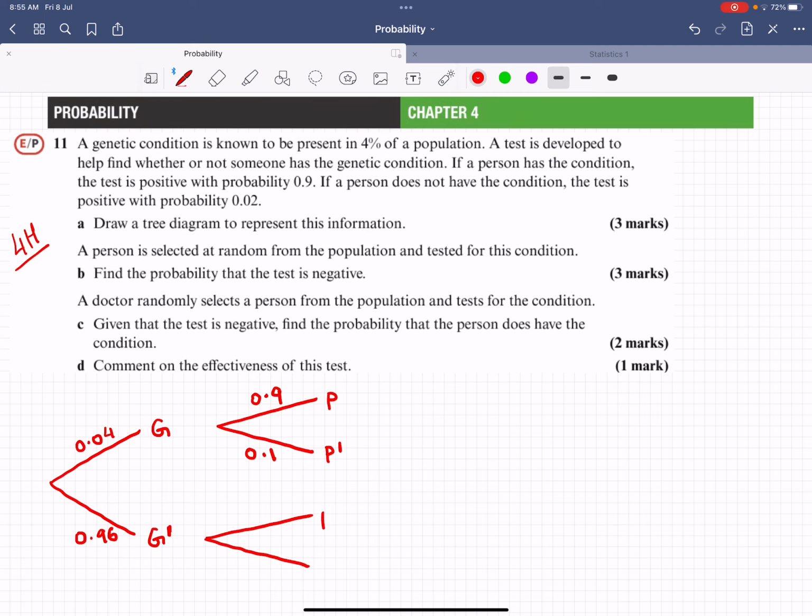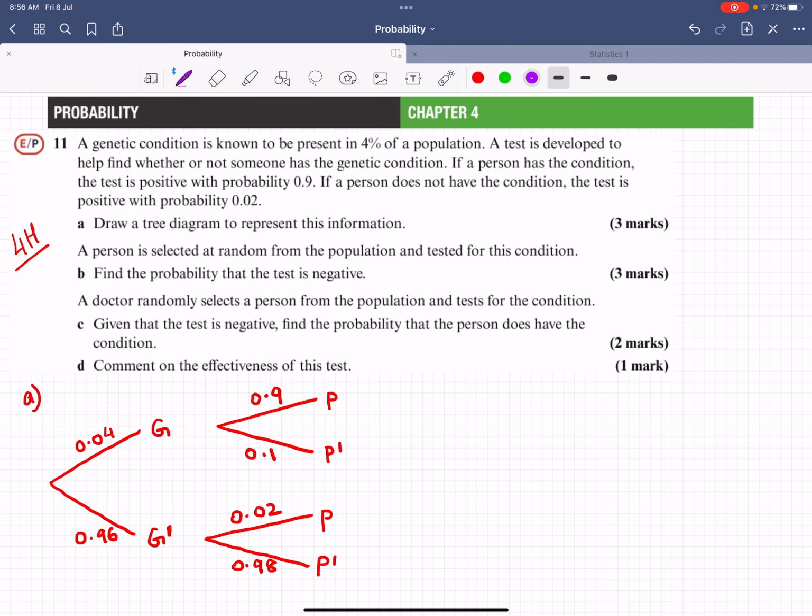The test is positive, the test is not positive. 1 minus 0.02 is 0.98, and that is the probability of not being positive. So that answers part A, which says draw a tree diagram.